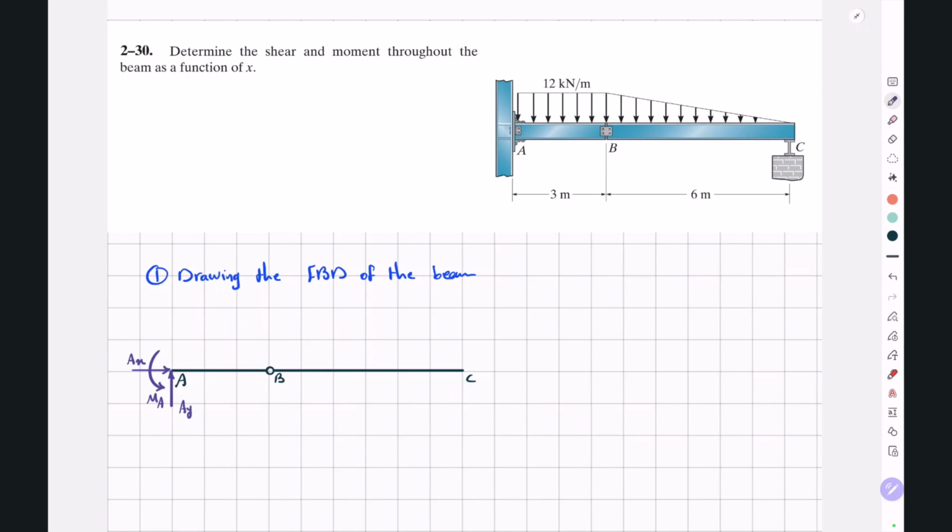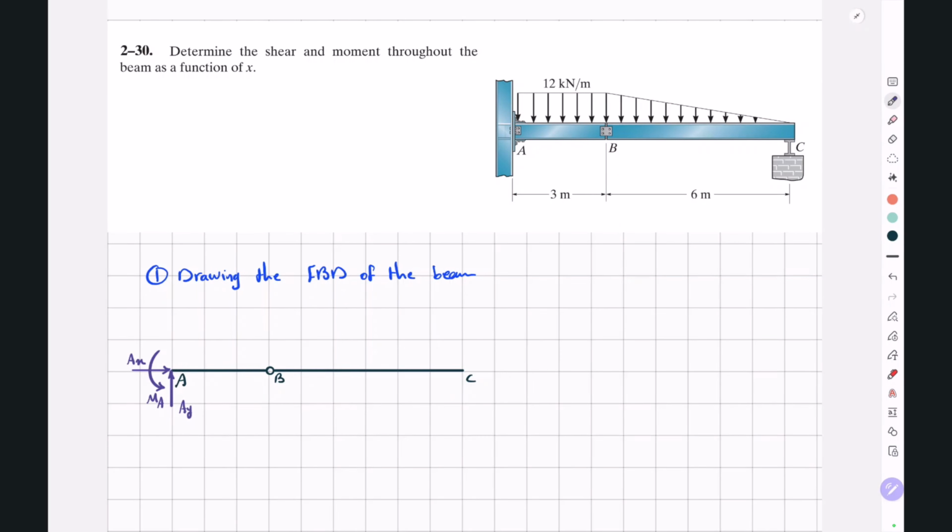At point C, we have a roller support. So we only have CY. Our loading is like this. This is 3 meters. This one is 6 meters.